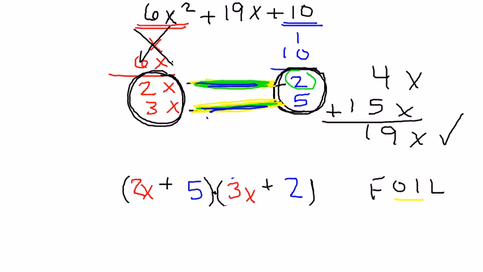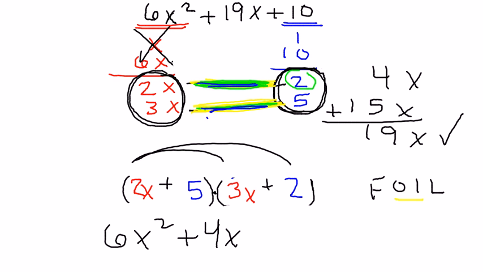You can confirm that you did it right simply by multiplying these two binomials back together. I think we've just done that enough, but quickly you can see I would get a 6x squared, then a 4x after distributing the 2x. Then you distribute the 5. 5 times 3x is 15x, and 5 times 2 is 10.